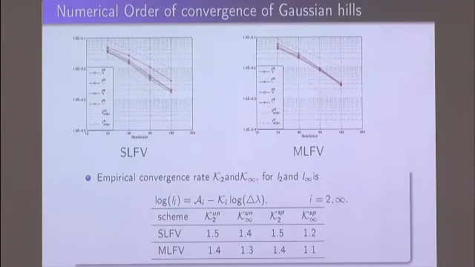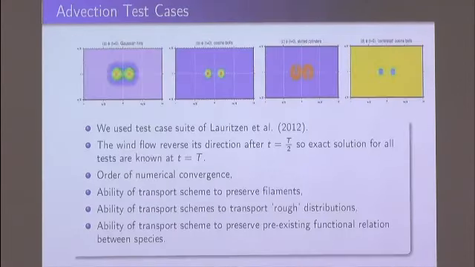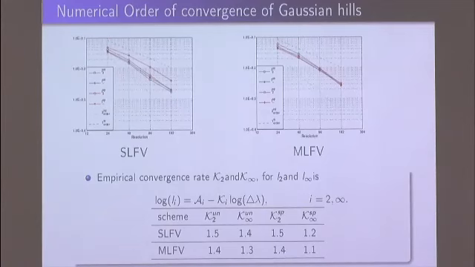So it seems SLFB is working better in terms of maximal convergence, and for both schemes the limiters are not affecting very much, although I think it's affecting the L infinity norm most of the time, not as much as the L2 norm. L2 norms are basically not changing very much.